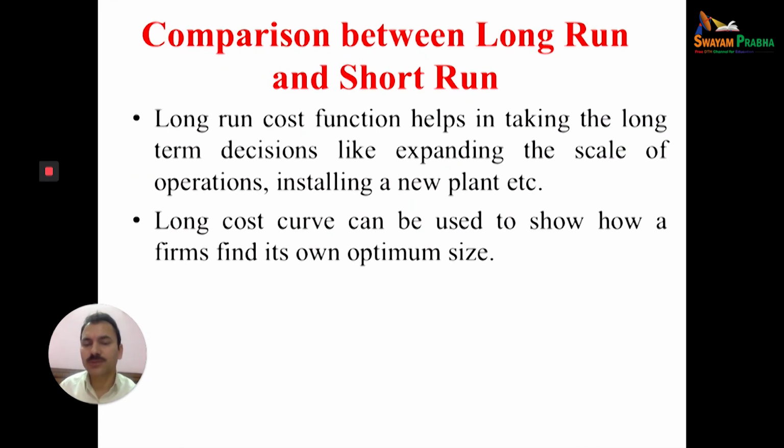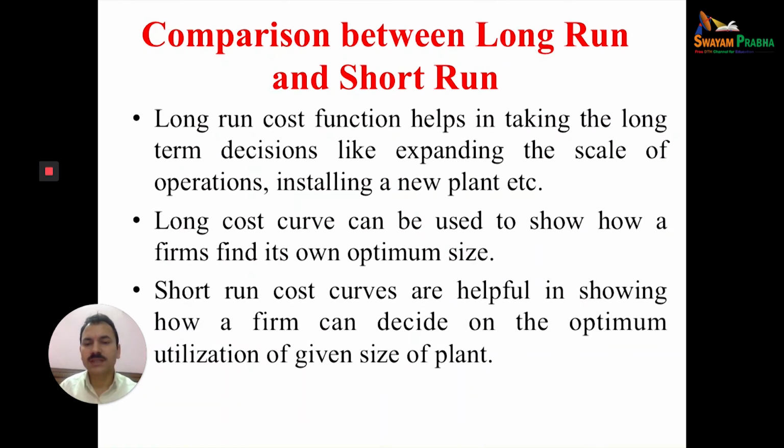This is the most important utilization or importance of this curve, that the long run curve can be used to show how a firm finds its own optimum size, optimum point, efficiency point. Short run cost curves help in showing how a firm can decide on the optimum utilization of a given size of plant.